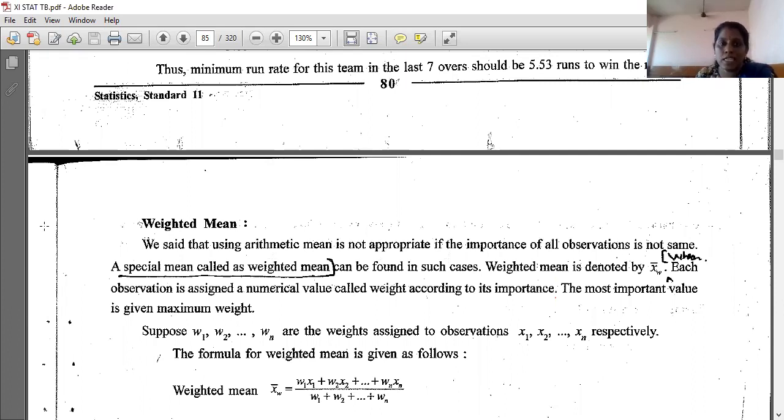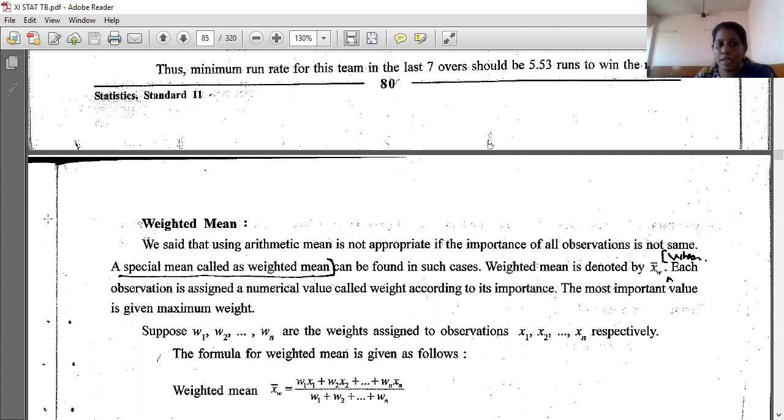And in illustration number 12, they have given the combined mean. That means n1, n2, x bar c and x bar 1 are given, and we have to find x bar 2. So these three sums are based on combined mean only, but they have given a little bit of difference.